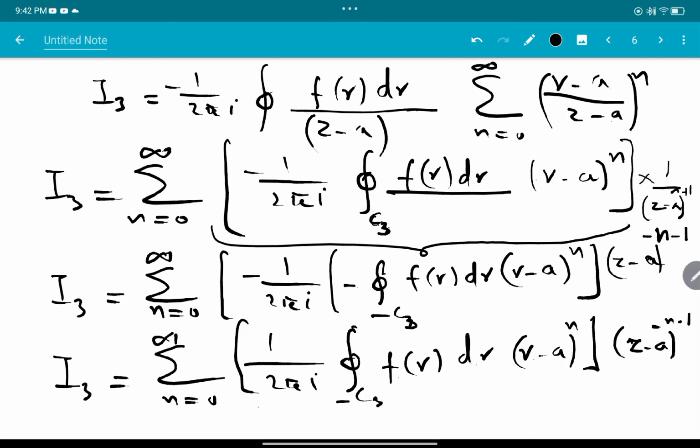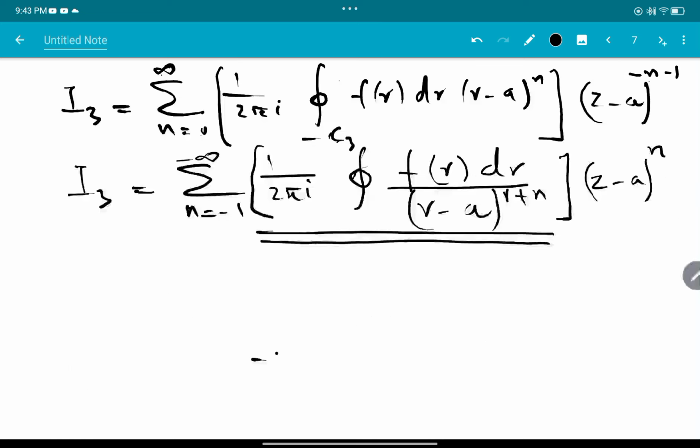After all, c3 is a curve, so minus c3 is also a curve. Let us rename it c. If c is within c1 and c3, it is okay, no problem at all. We do not need to carry this burden with us, so now we can write it simply Cn.